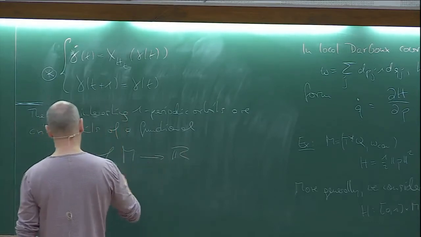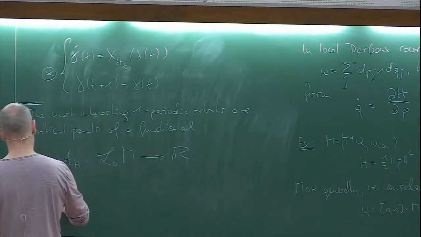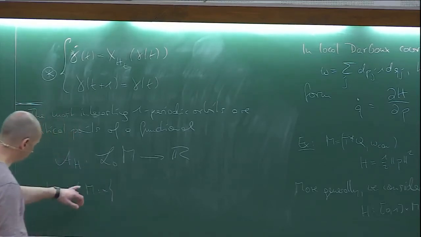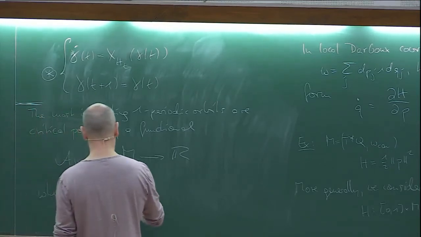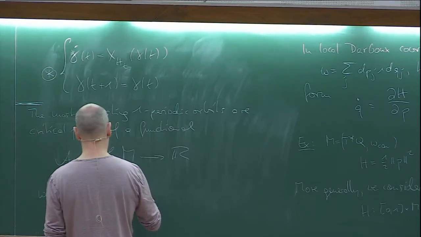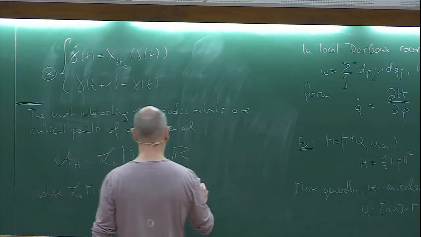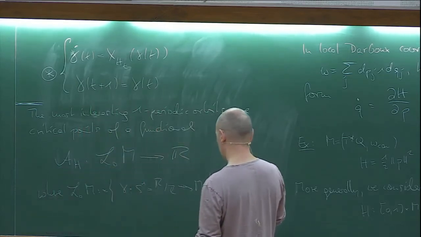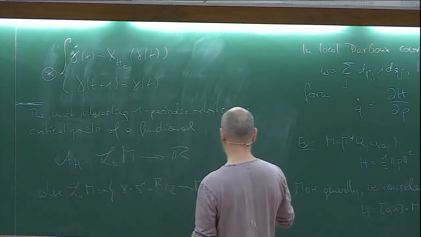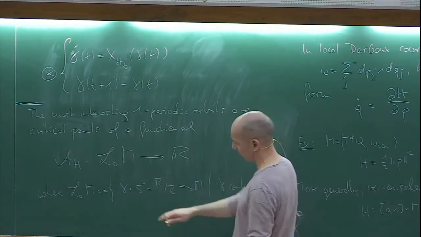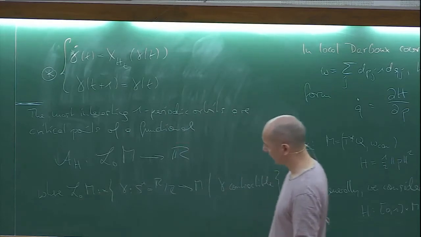L_0 M are loops, so they're maps from S^1, which I think of as R mod Z, to M, and gamma should be contractible. Right, so that's what the 0 stands for, null homotopic.